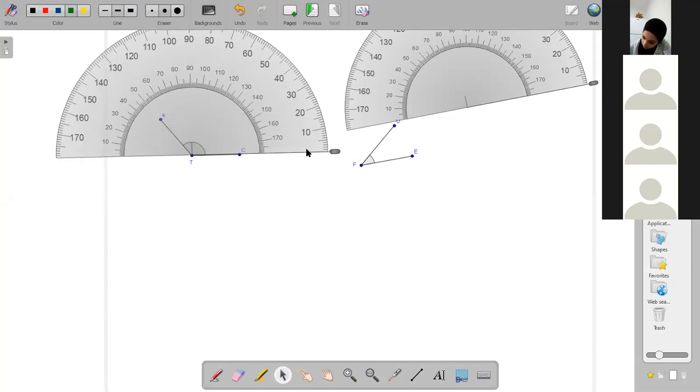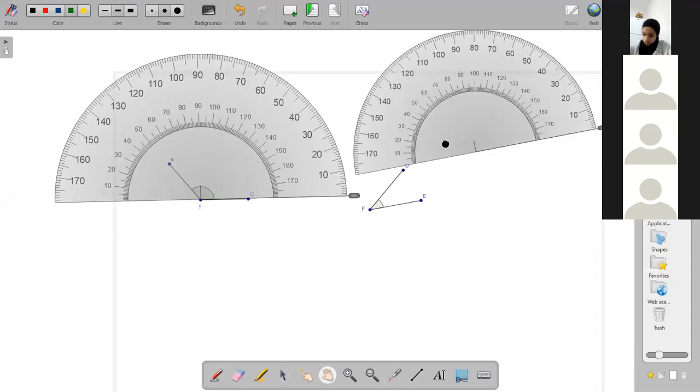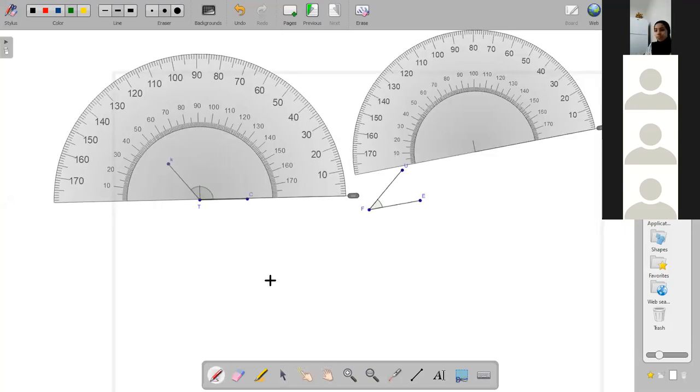Zero is written where? In or out? This is the inside scale, and this is the outside scale. Where is zero? Out or in?